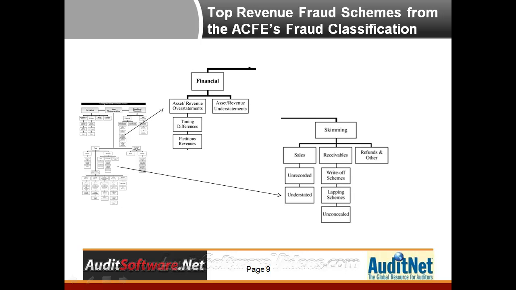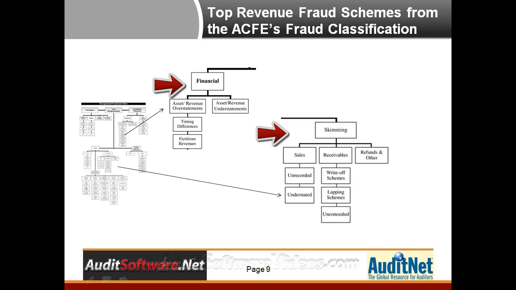The ACFE has a classification system which you can see over on the left hand side. It's very, very small in the slide. Now, the only ones we really care about are the items that I've taken out of that classification system: the financial statement type testing, and skimming.